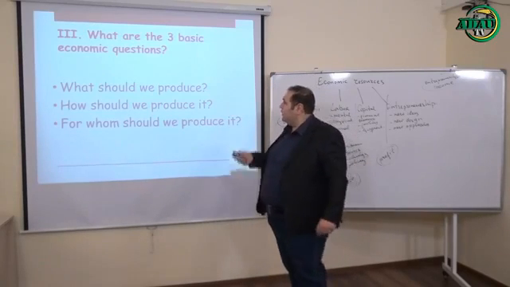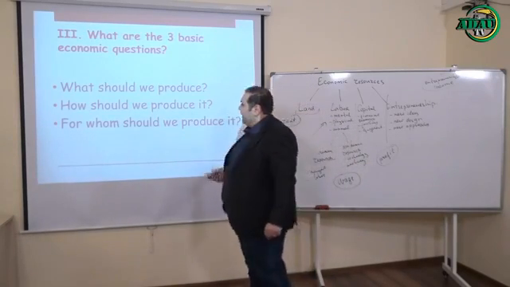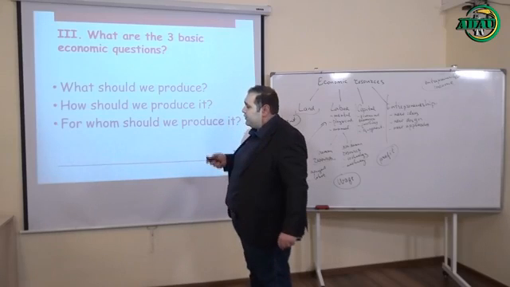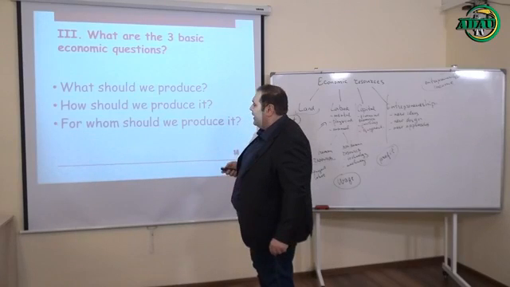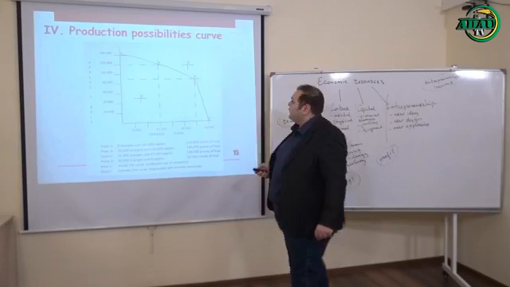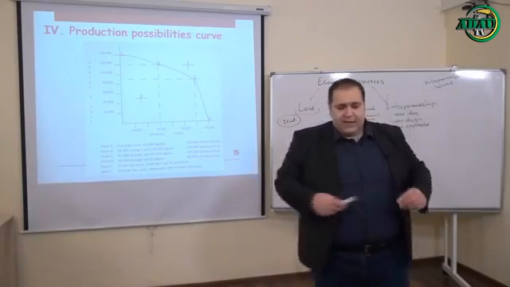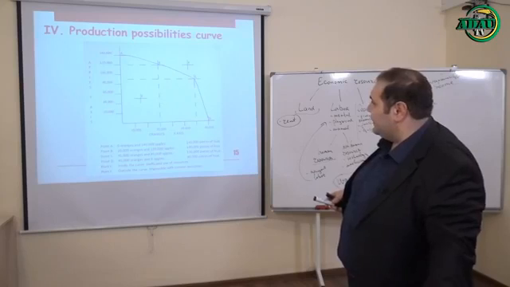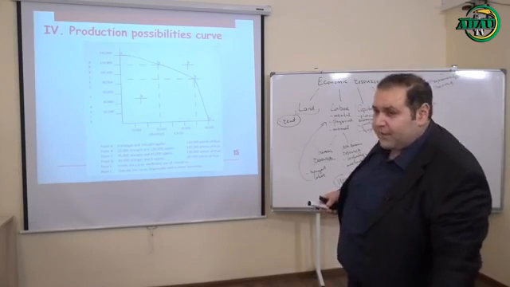Then you need to answer all three basic economic questions in order to satisfy the needs and wants of people clearly. And the production possibility curve is an interesting one. What is that?